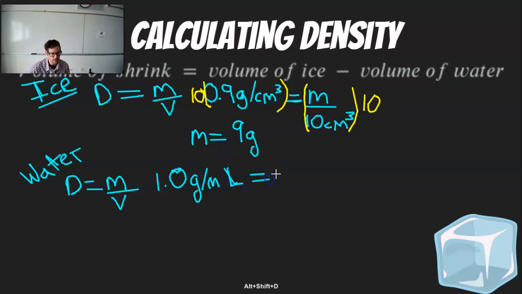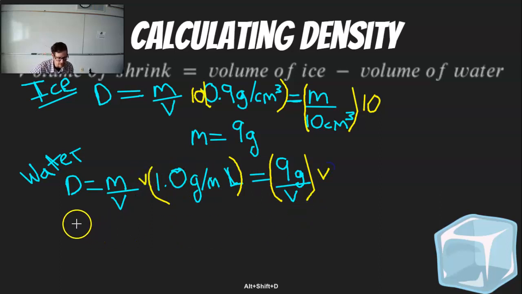And that's equal to the mass, which stays the same, so it's 9 grams, divided by the volume of the water. Now we've got to solve for the volume, so let's multiply both sides by V. V for volume.